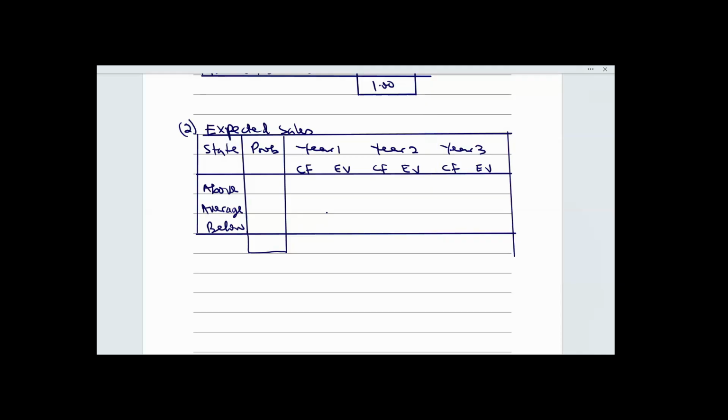I want to get my table ready. Okay, now that I have my table ready, I need to input the probability.